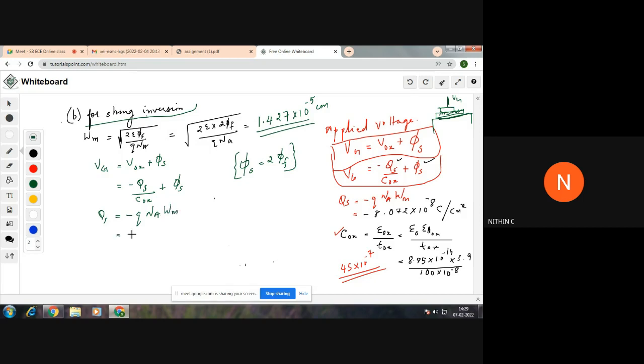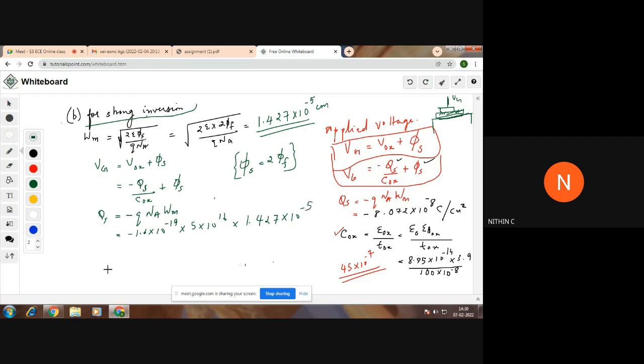It is minus 1.6 into 10 raised to minus 19 into NA value is 5 into 10 raised to 16 into Wm value is 1.427 into 10 raised to minus 5.